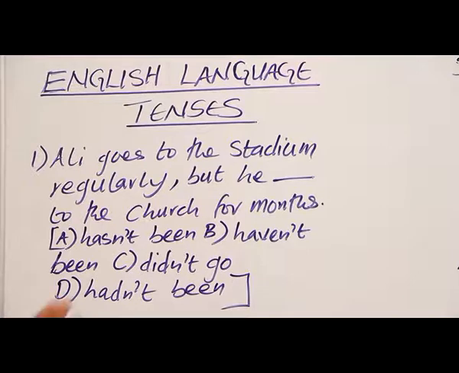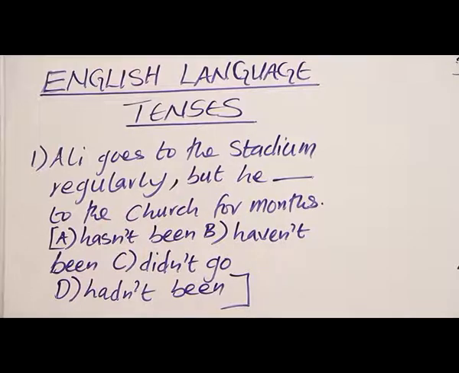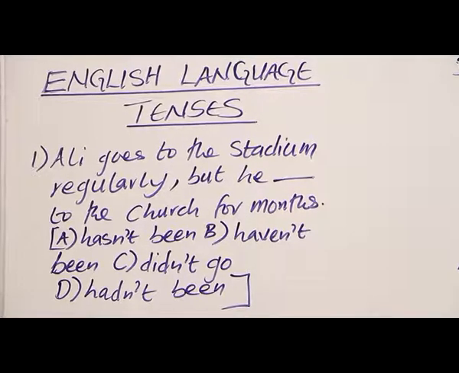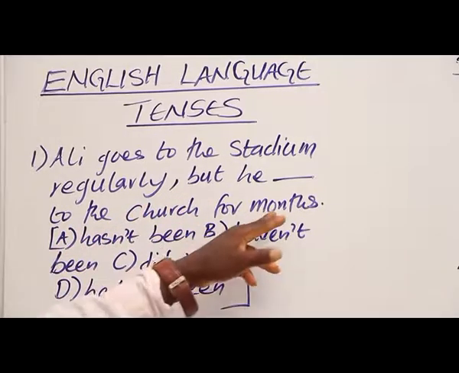Now let's come to the other clause, but he dash to the church for months. Now, we can't take it as past, because obviously as at the time the speech was made, it means that the person hasn't been to the church, and the action is still present. So, we can't say but he hadn't been to the church for months.